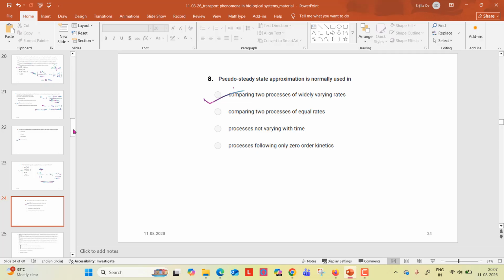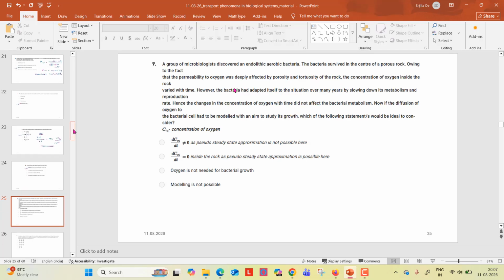Next, a group of microbiologists discovered an endolithic aerobic bacteria. The bacteria survived in the center of a porous rock. Owing to the fact that the permeability to oxygen was deeply affected by porosity and tortuosity of the rock, the concentration of oxygen inside the rock varied with time.